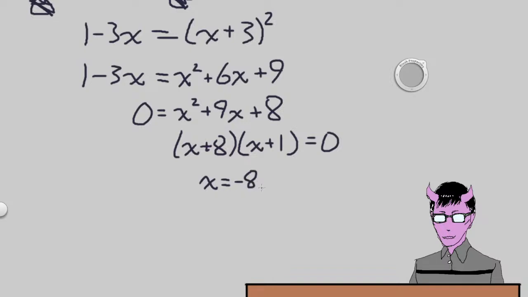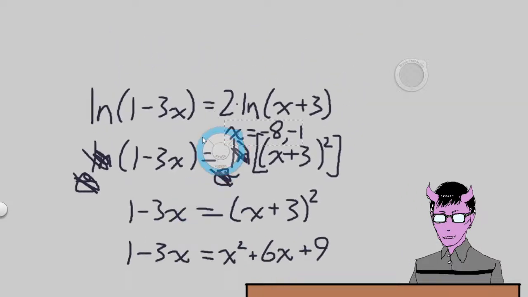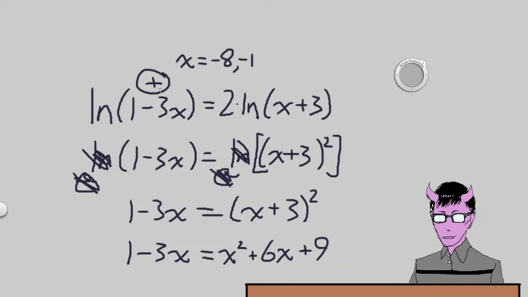And you notice I said candidates. Don't be satisfied with this one. You should backplug these answers to verify that they are in fact part of the domain. So let's take that one. If we plug the -8 in here, this becomes a big positive-ish. That's fine.